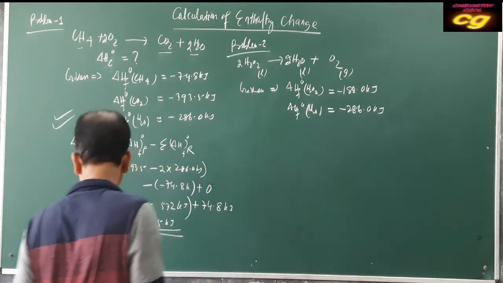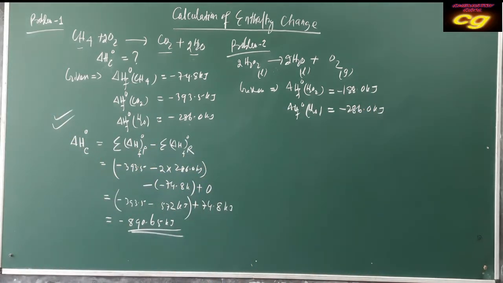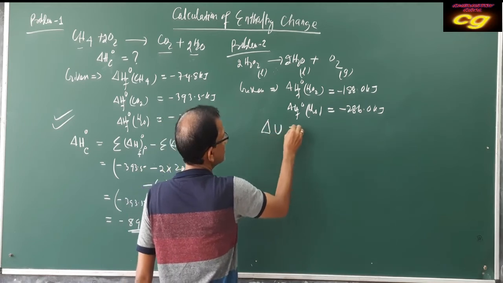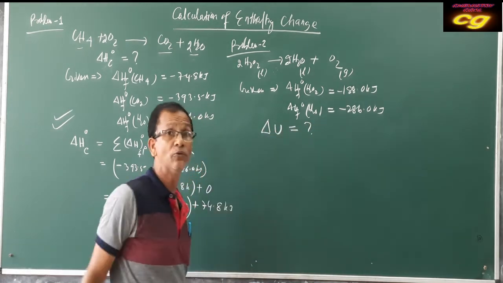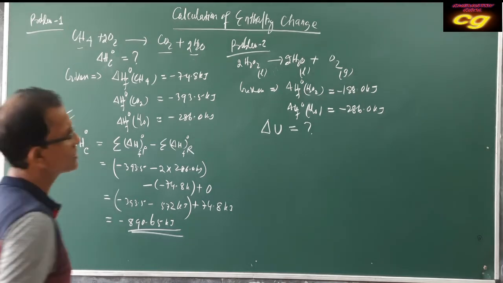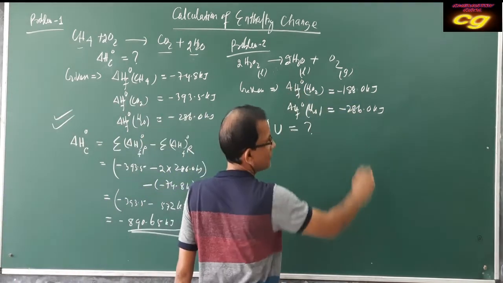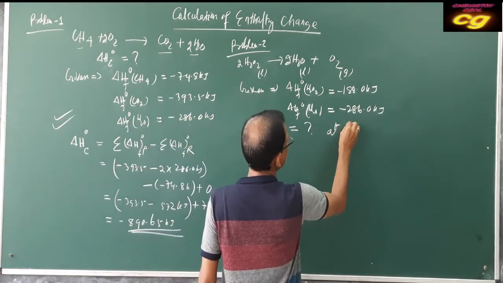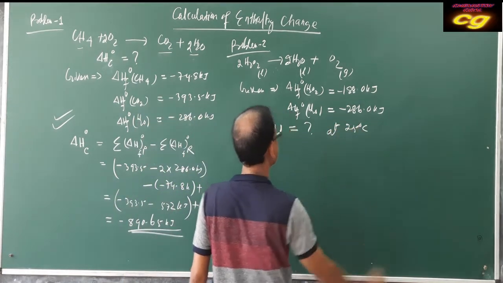But what is the question? The question is to calculate the internal energy change at standard state, since enthalpy of formation is given in standard state, at 25 degrees Celsius.